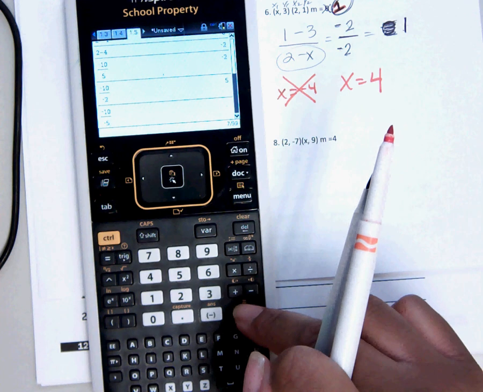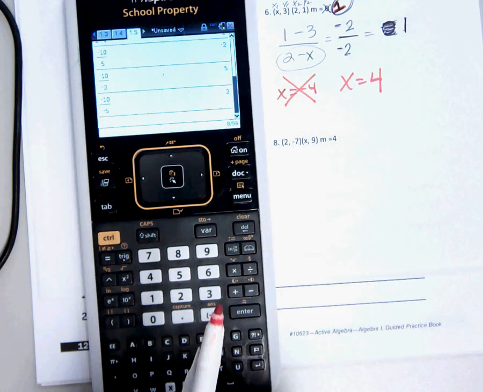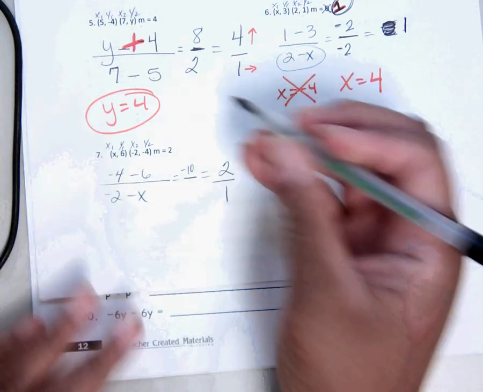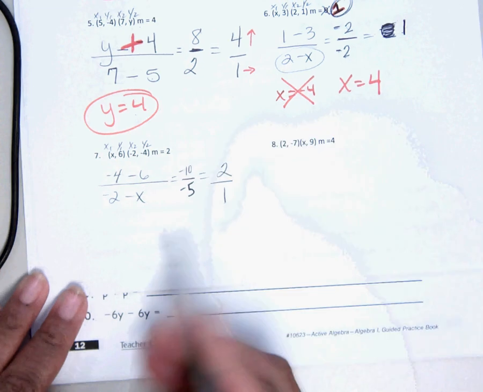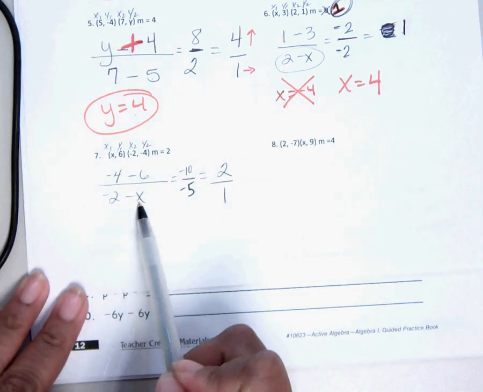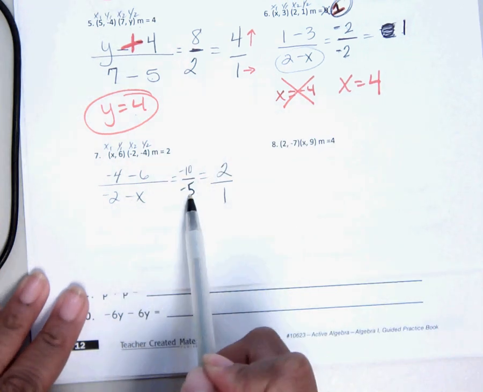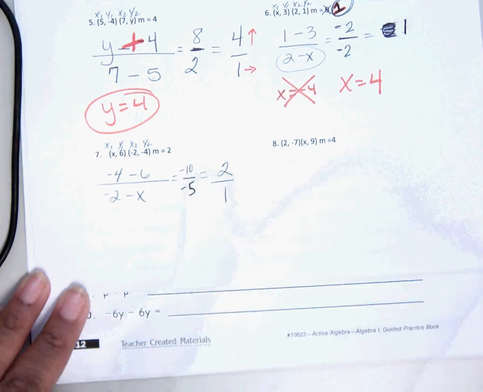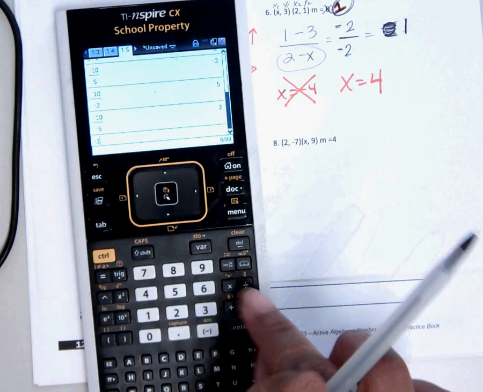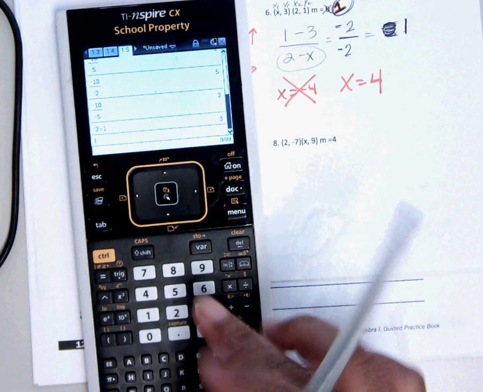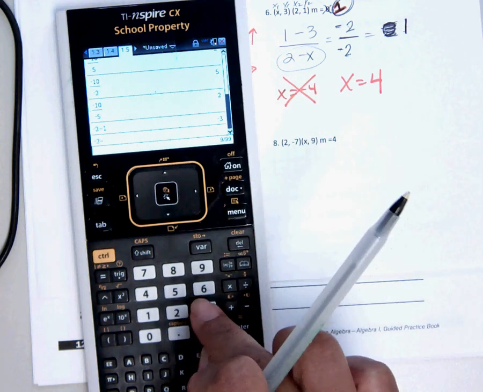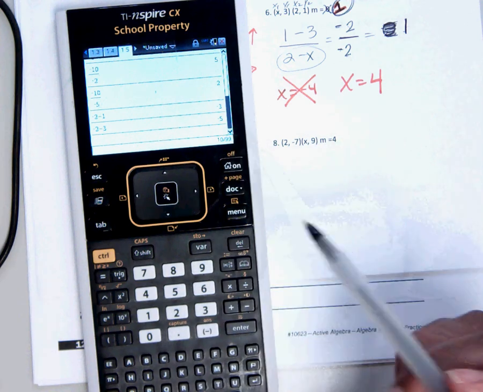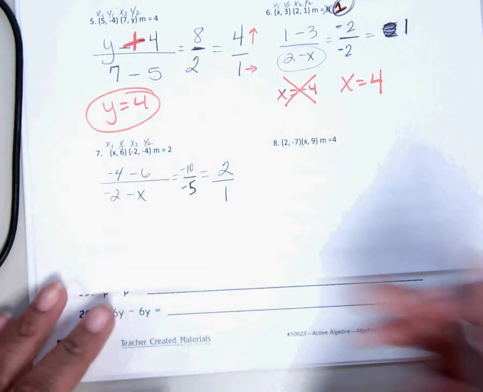Excuse me, a positive 2. And voila, there it is. So we now know that this number needs to be negative 5. So what minus this will give me negative 5? Well, we can do that in a calculator. Negative 2 minus, is it 1? No, it's negative 3. Negative 2 minus 3 is, so x has to be negative 5.